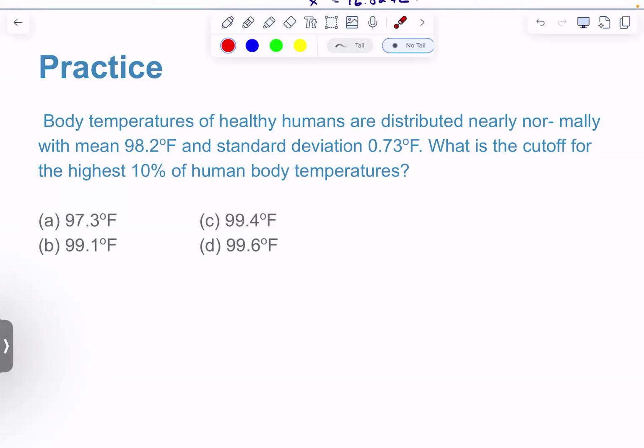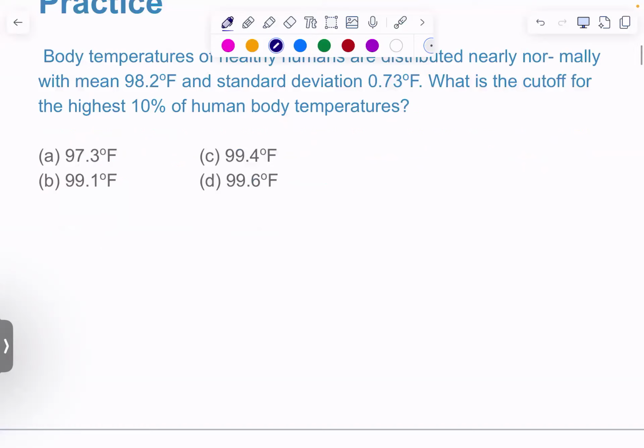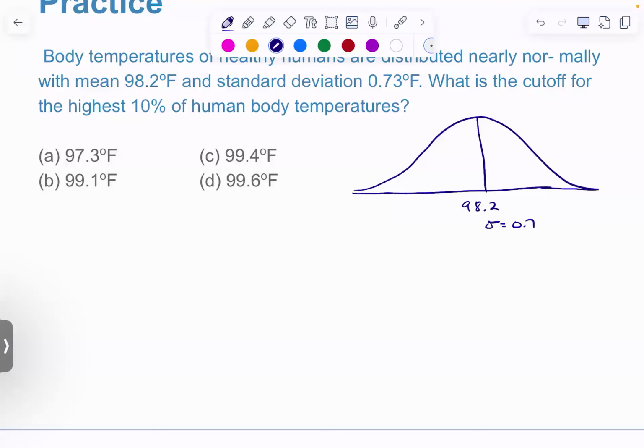So let's see here. The highest 10%, let's map it out. I'll use this area here. Same type of problem, right? It's still a finding the cutoffs or working backwards type of problem, is usually how I think of them. Mu is 98.2 and sigma is 0.73.